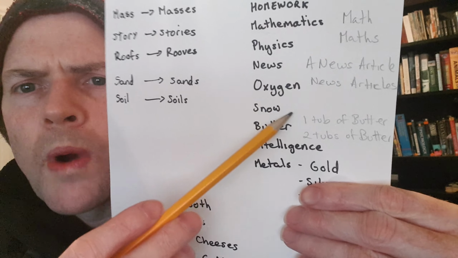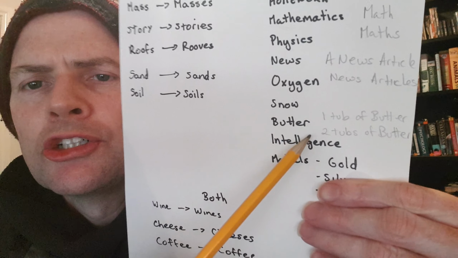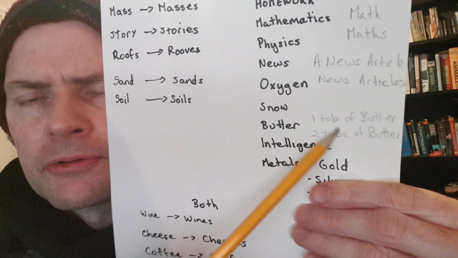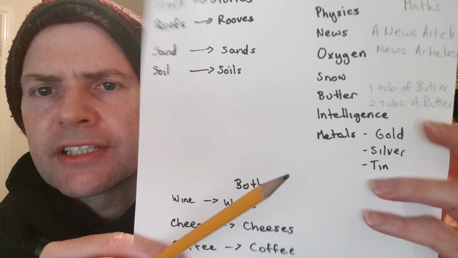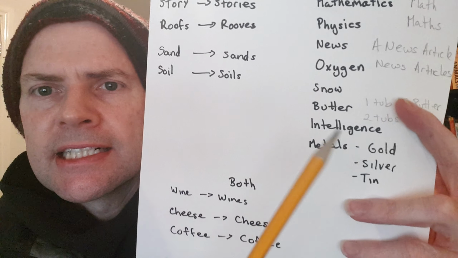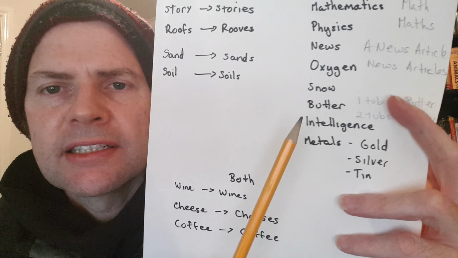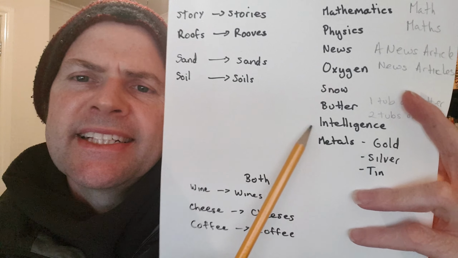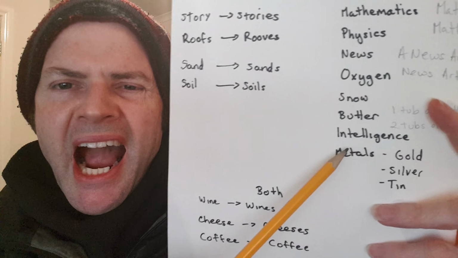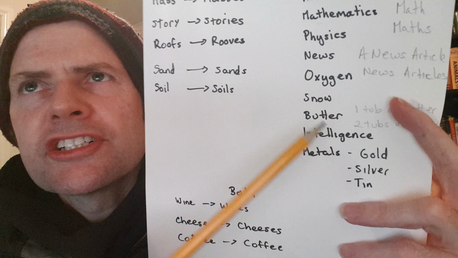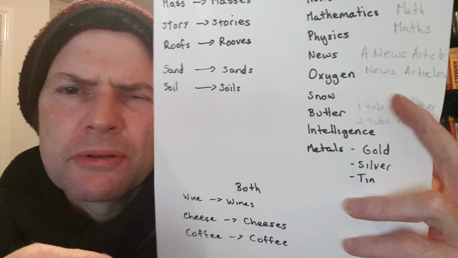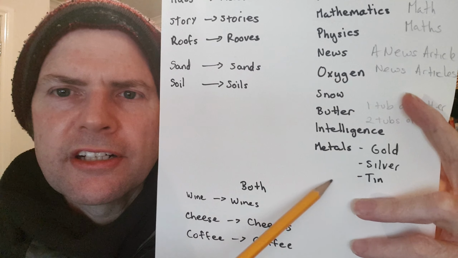Here I've written it: one tub of butter, two tubs of butter. So we pluralize the tubs in which it is contained. Then intelligence. We don't really pluralize intelligence, so it's singular.